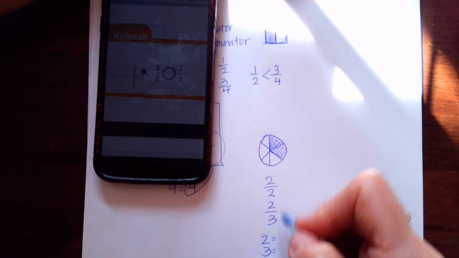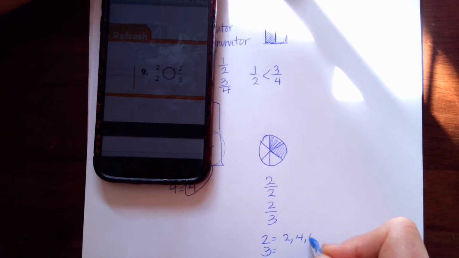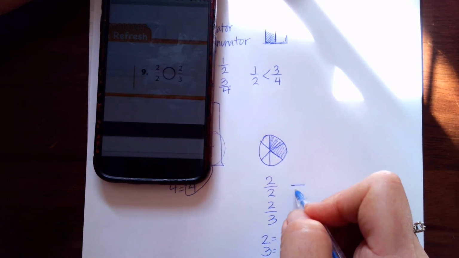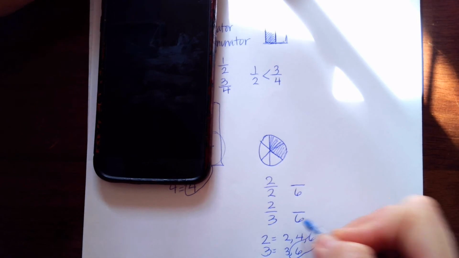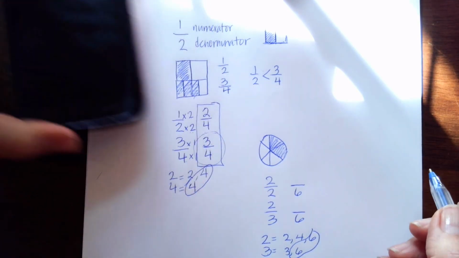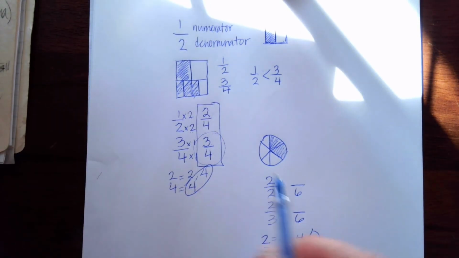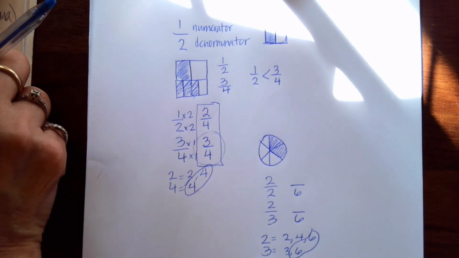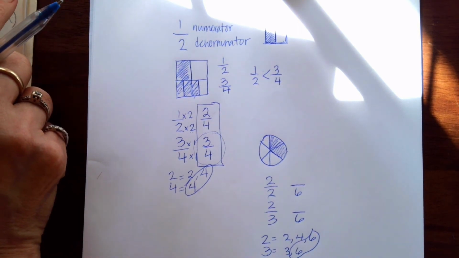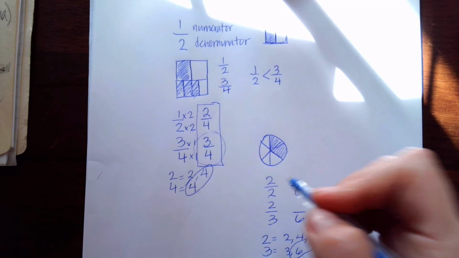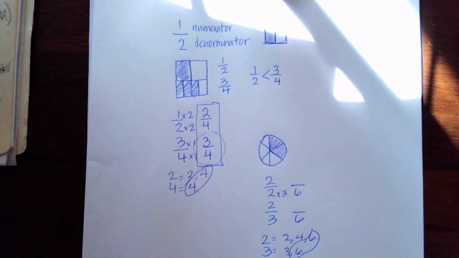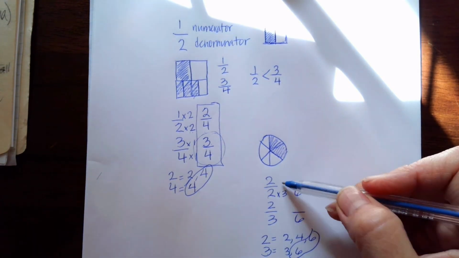So if I count up by 2's and I count up by 3's, I get a common number of 6. So I change this into a 6 and I change this into a 6. And in math, I can't just change a 2 to a 6. So what would I multiply 2 by to get it to a 6? I would multiply it by 3. And then anything I do to the bottom, I do to the top.